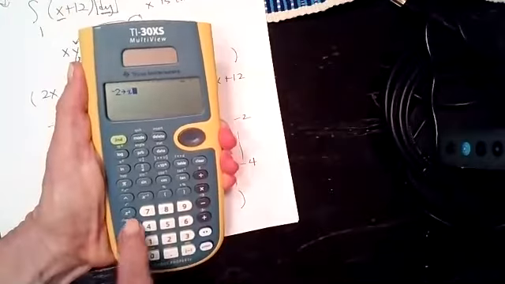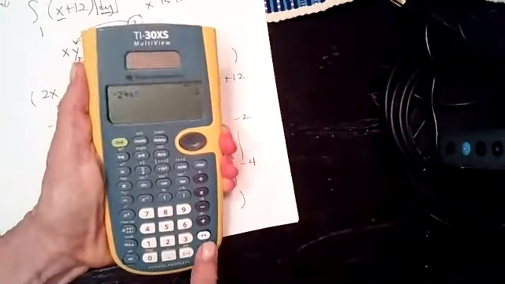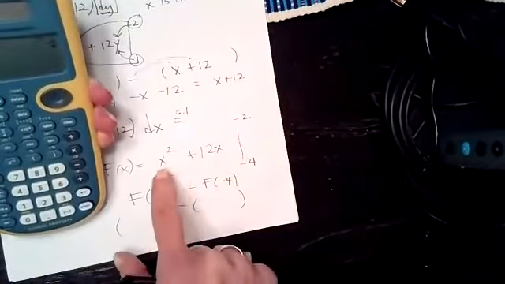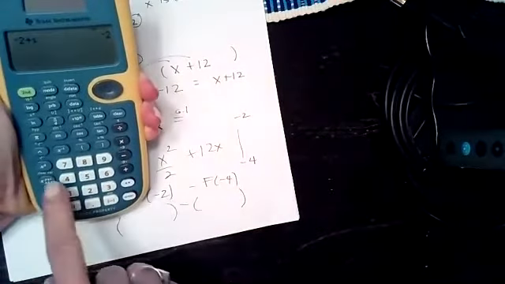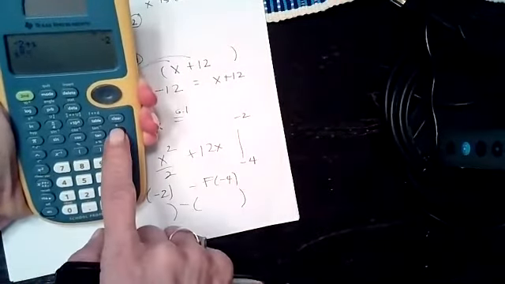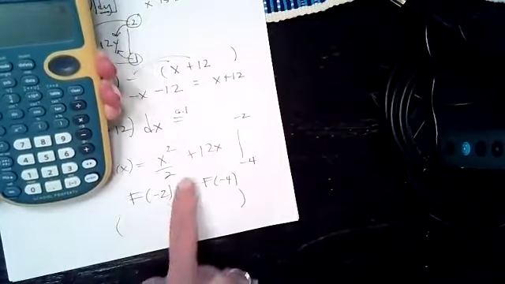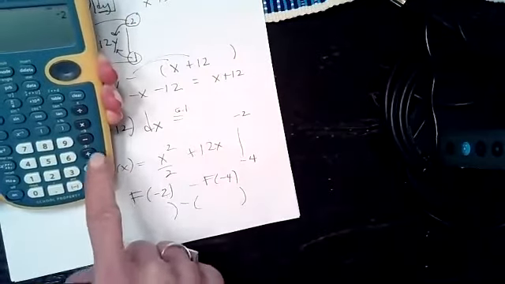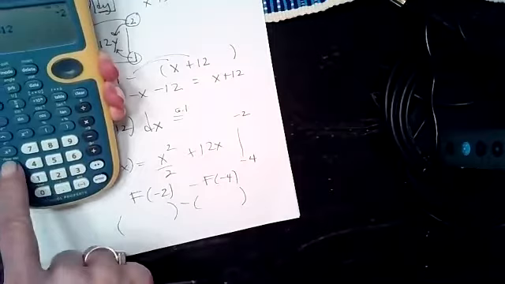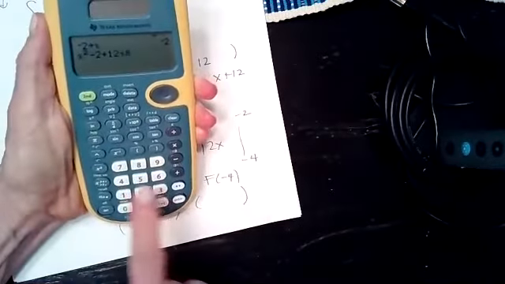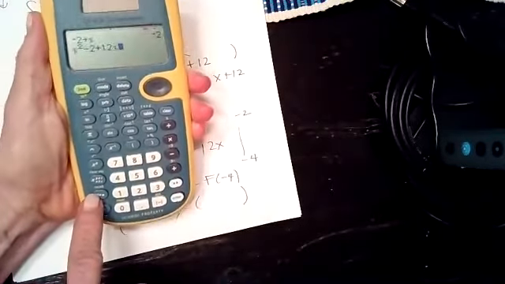So I say -2 store for x and enter. And then I plug in my antiderivative, x squared divided by 2 plus 12x. There's my X button. There's my store button.